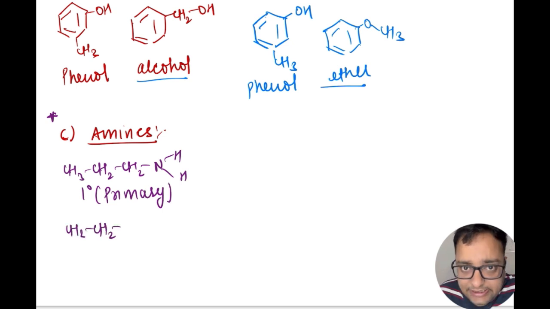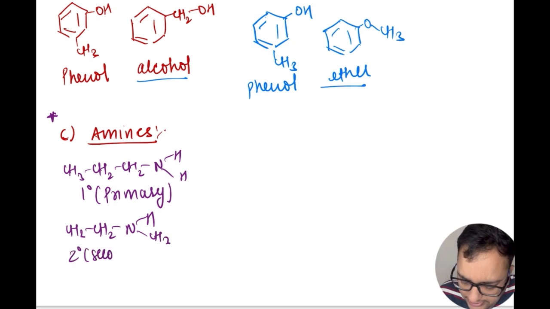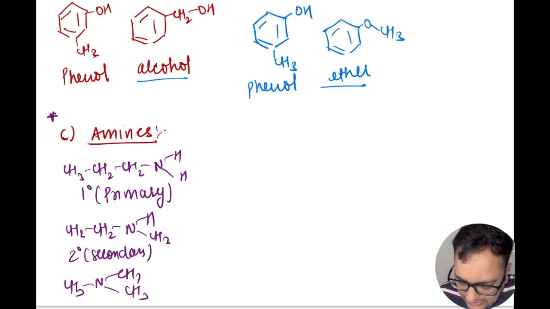Next, we have CH3CH2NHCH3, a 2 degree secondary amine, and N(CH3)3 is the 3 degree amine. So these are the functional group isomers.